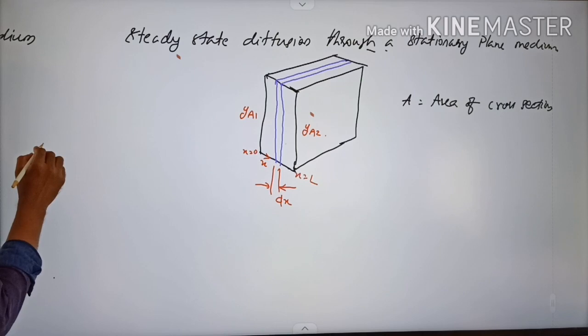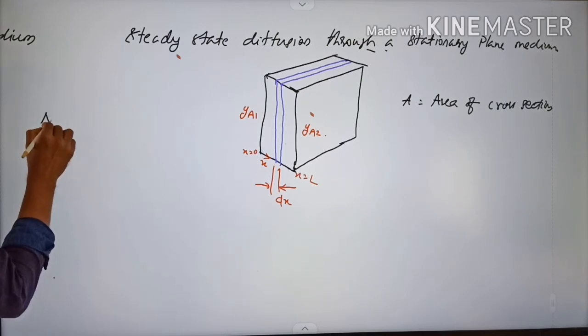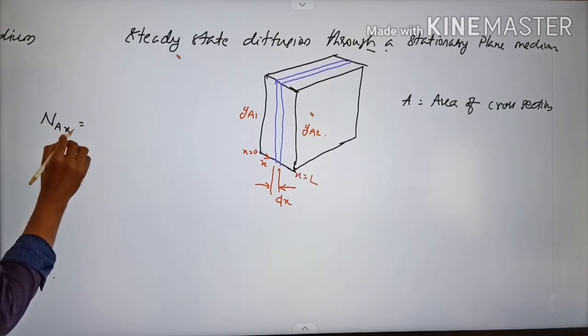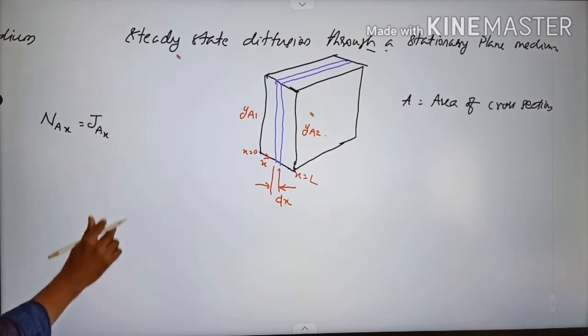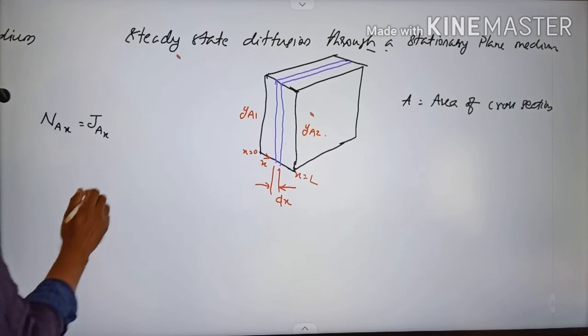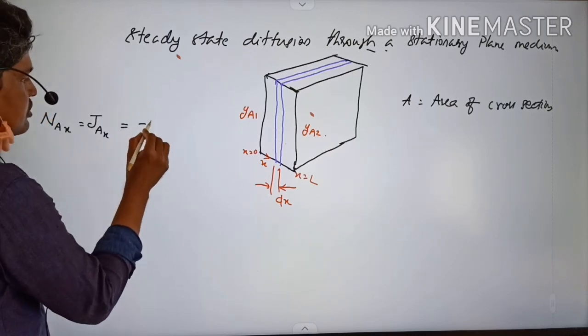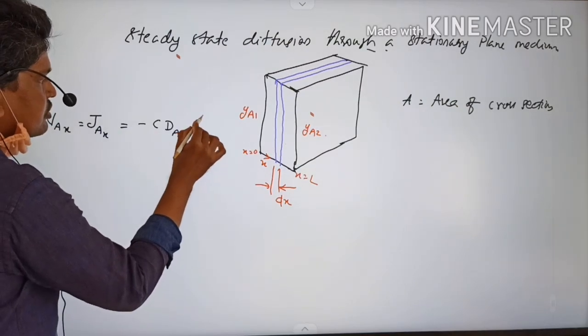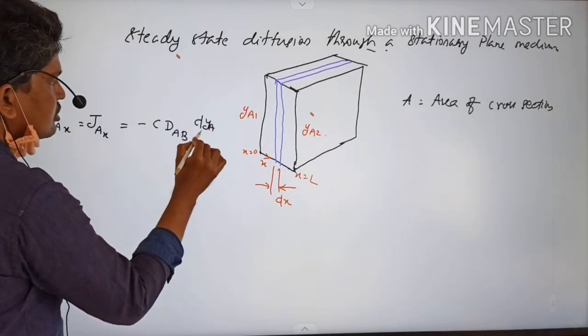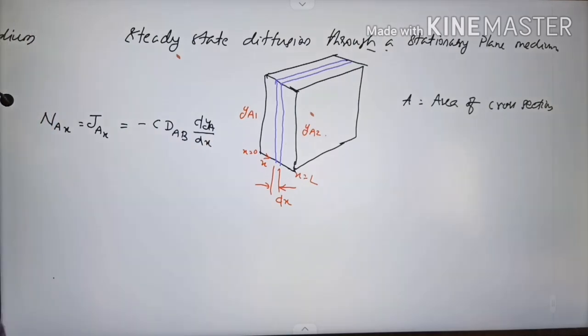So we have the equation Jx, which is equal to minus C dAB into dYA by dx. For a steady state, Jx is constant.